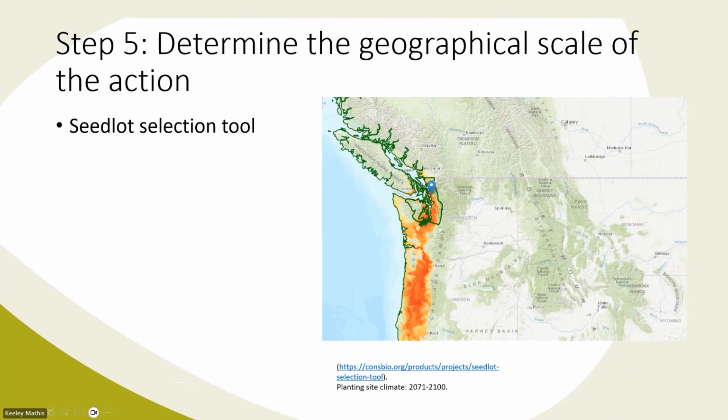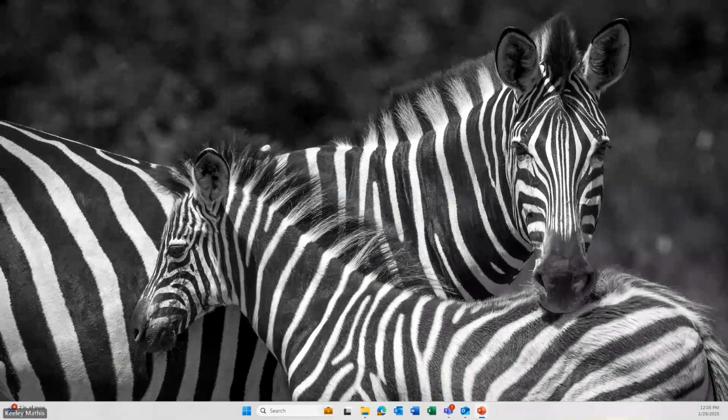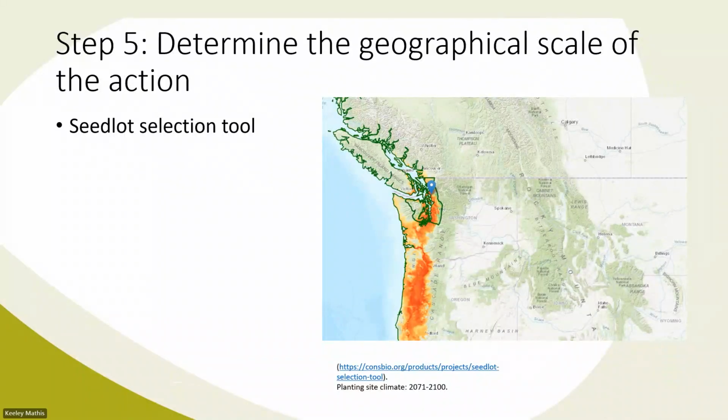So step 5 is to determine the geographical scale of your action. I already know that I'm doing assisted population migration because I'm working in an area where Western red cedar is already appropriate, and then I'm going to bring in Western red cedar from somewhere else.